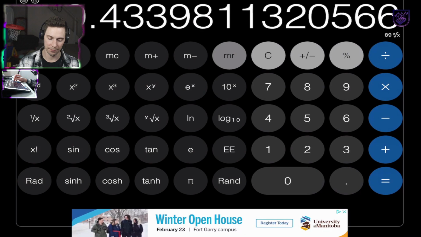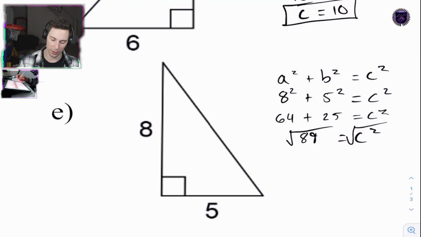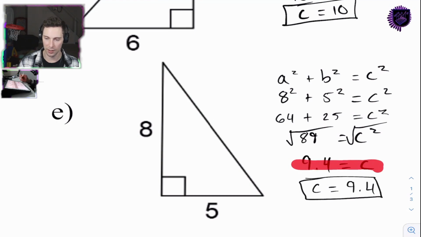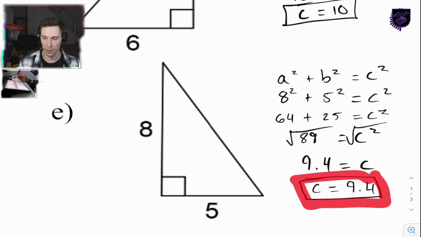I was a little bit off. So let's say 9.4. We'll round that. 9.4 is our length of C, or we can write it as C is equal to 9.4. Either way, I think this is correct technically, but often teachers want you to put it like that.